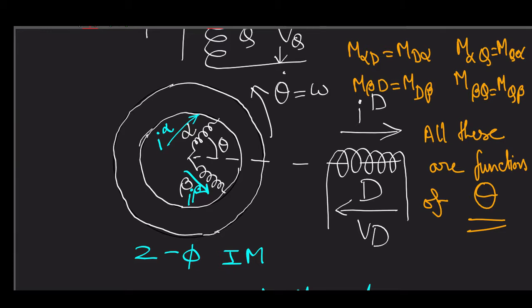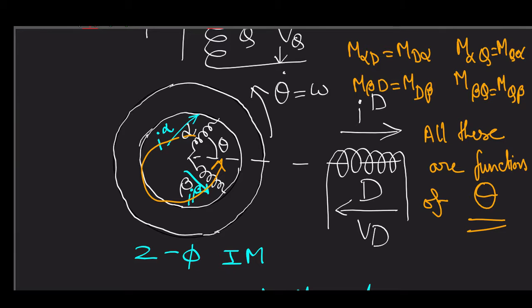Now, the maximum will occur in each case when the two winding axes become collinear, or aligned with each other. When one rotation brings alpha here, you will have maximum effect of d realized on alpha, and at the same time the rotor phase beta will become independent of d, right?